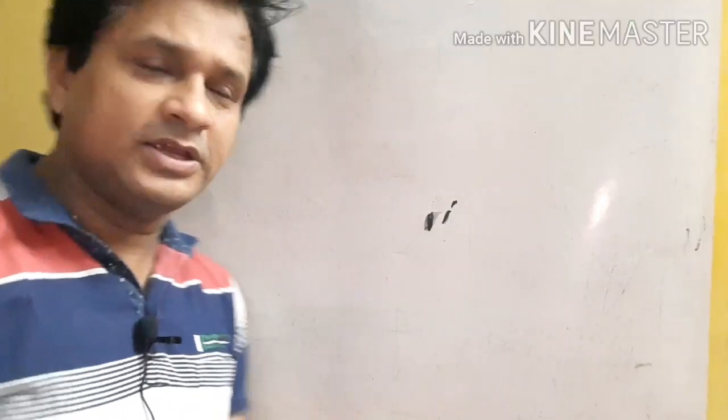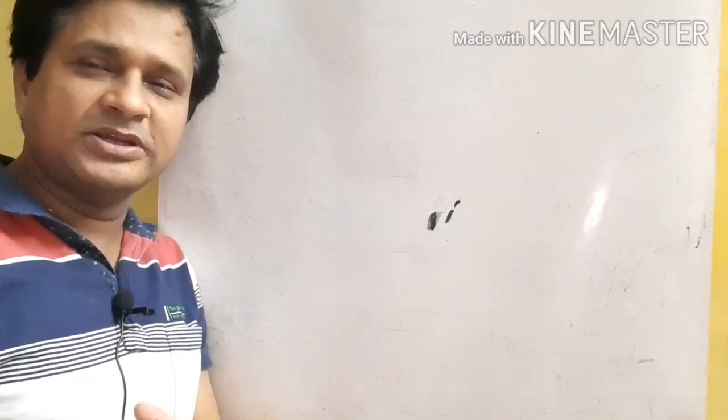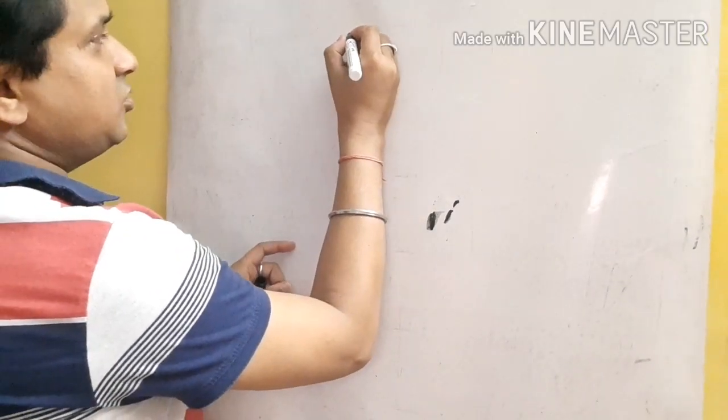Now we are going to see a very important note. After that, we will see properties of irrational numbers. Just write it as a note.